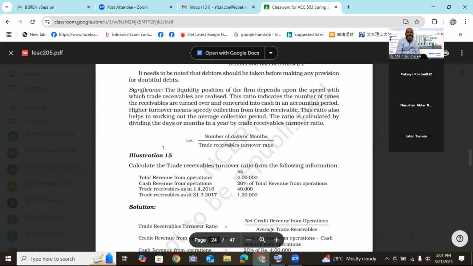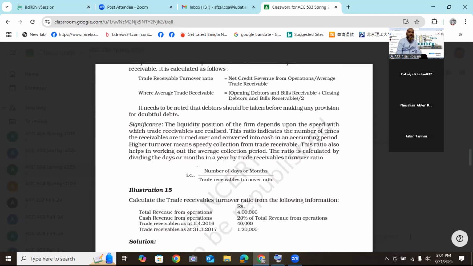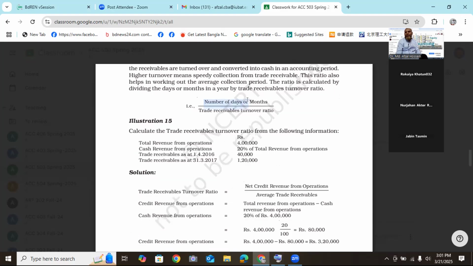So if you convert it into the number of days, you can do it by number of days or months divided by trade receivable turnover ratio. Then you can convert it into days.